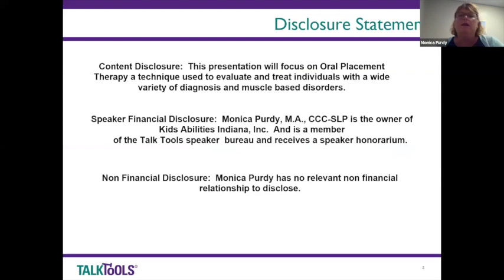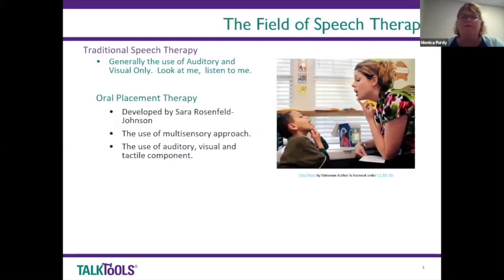So in the field of speech therapy, traditionally, we are taught that if we want a child to make a sound, we say look at me, listen to me, do what I do. For many children, this works great because all of their senses are working, and they're able to look at their parents and imitate their parents, and they don't need any more input other than the auditory and visual.